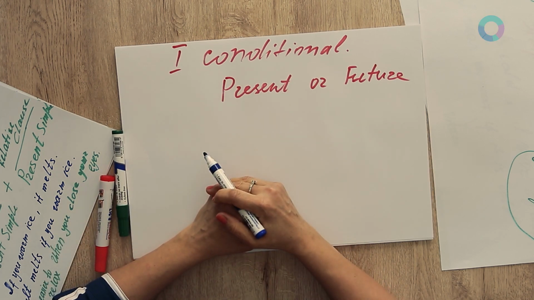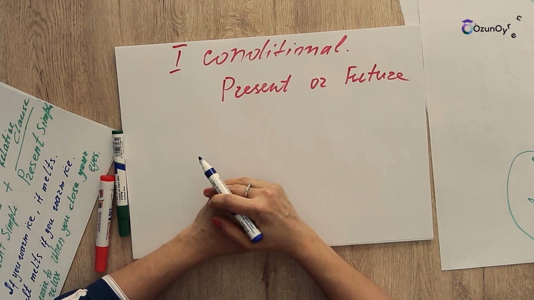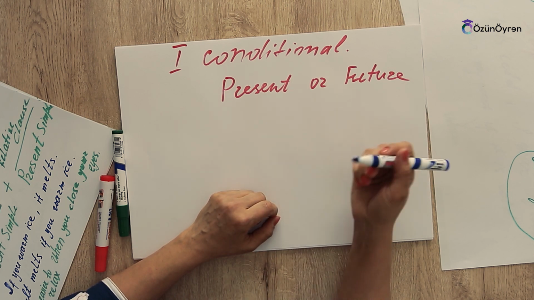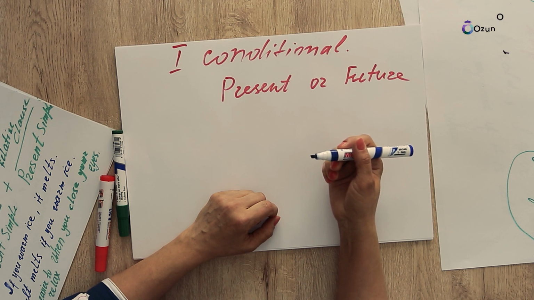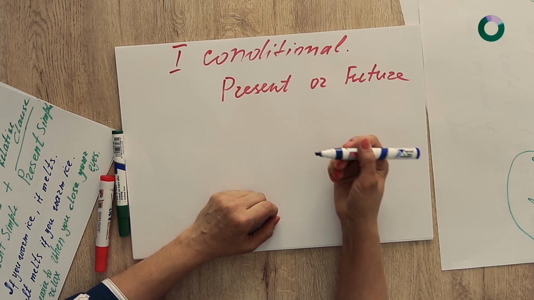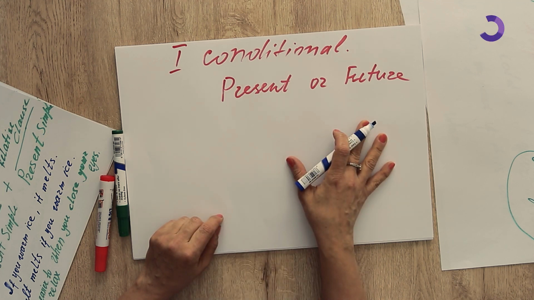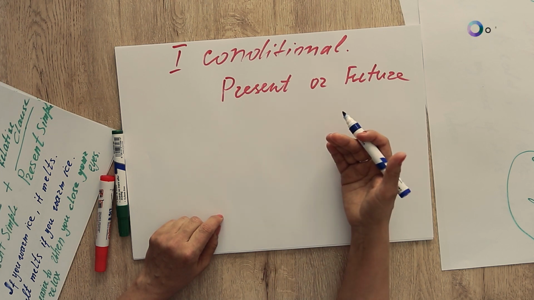First conditional means in Azərbaycani real şərt budaq cümləsi. So this is a real action also, and it describes a particular situation. It is a general statement. If something happens, it has the result.